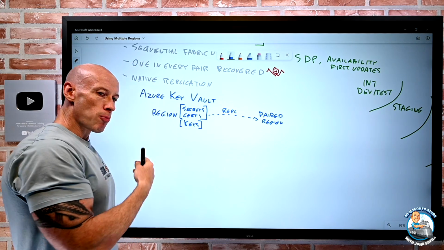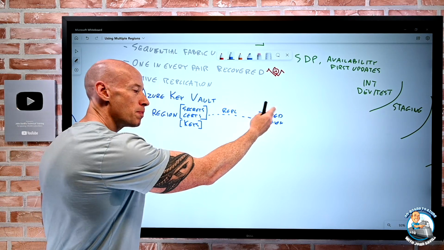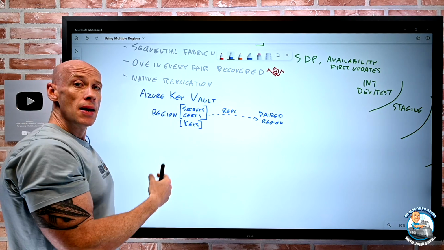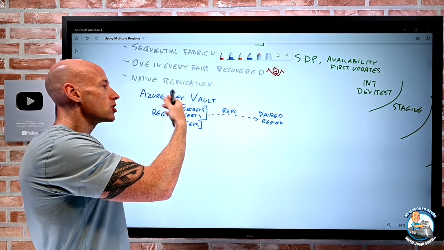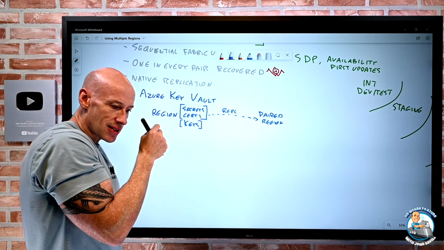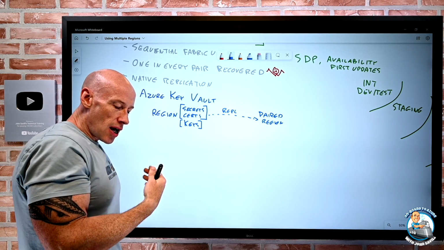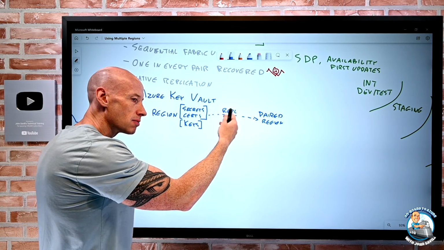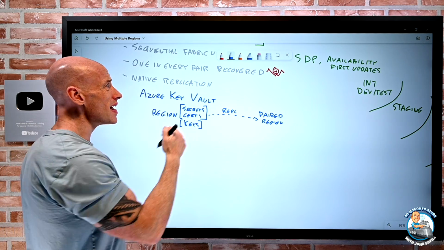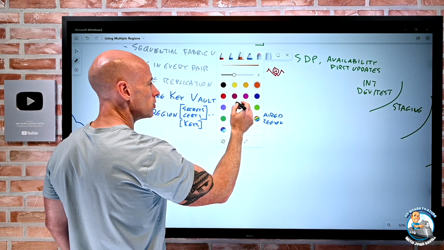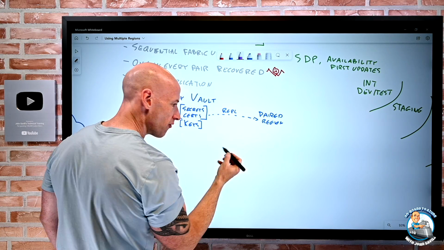And in the event of a problem with this region, this paired region copy is read-only, but I can still go and get to those keys. I can still use the certs, the secrets. I still have access to that. So in the event of a disaster, I can still go and use this. When this comes back, then it becomes read-writable again. So what if I want to use my other region?